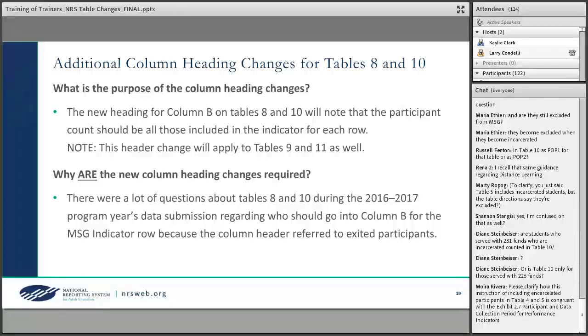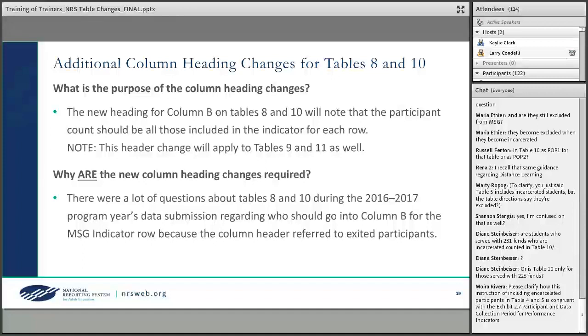I just want to move on because there's a question: Table 5 does not include incarcerated students, because you can't expect them to be getting credentials or getting jobs while they're in prison, normally going to post-secondary ed. So I think Jay misspoke about everyone being in Table 5. Table 5 is not every participant, and not typically those who are incarcerated in the 225 program.